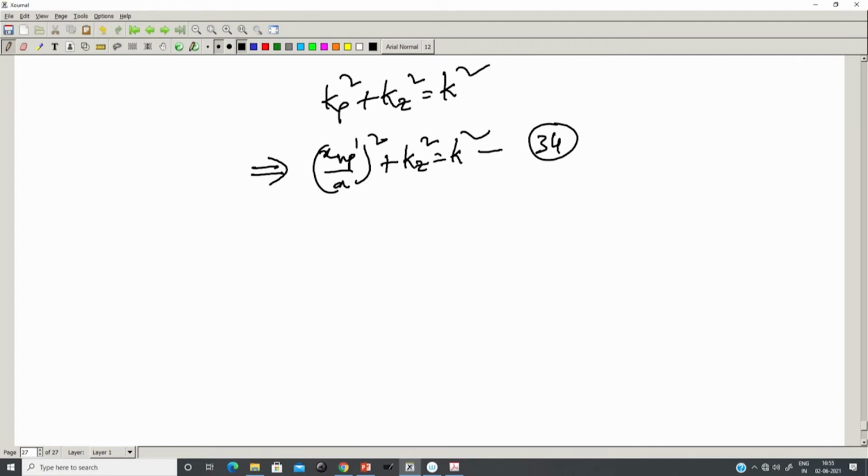Now, the cutoff wave number for a mode similar to the rectangular waveguide is that for which the kz will vanish, the mode propagation constant will vanish.